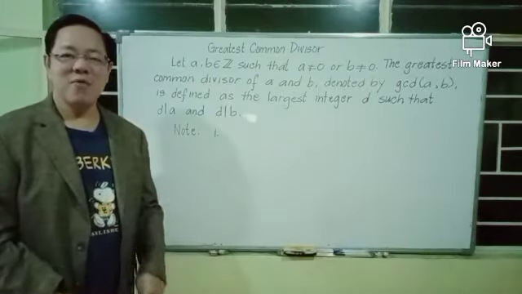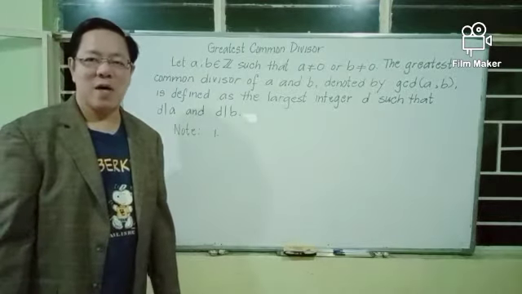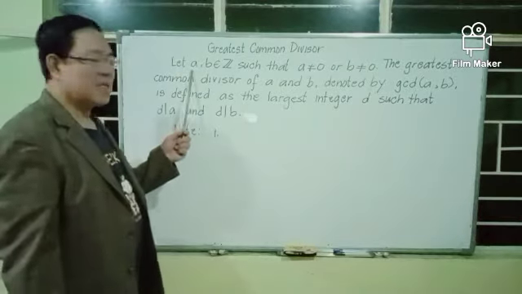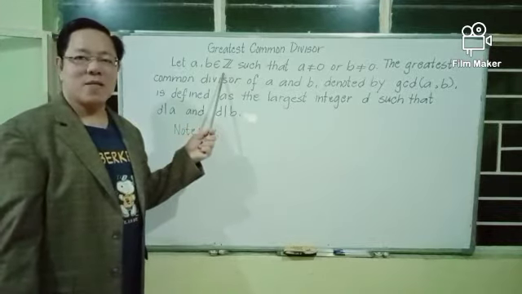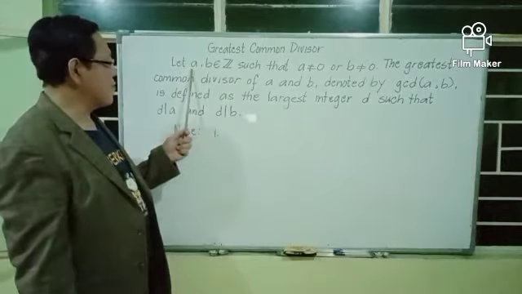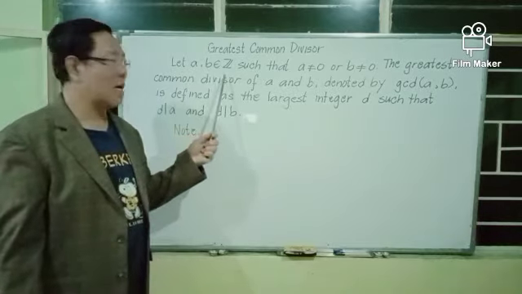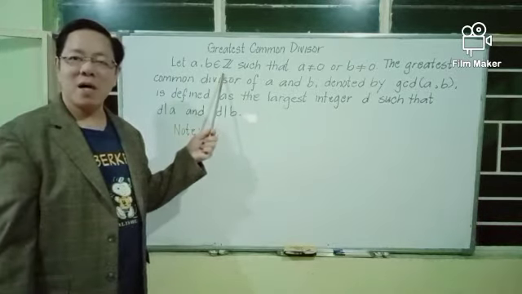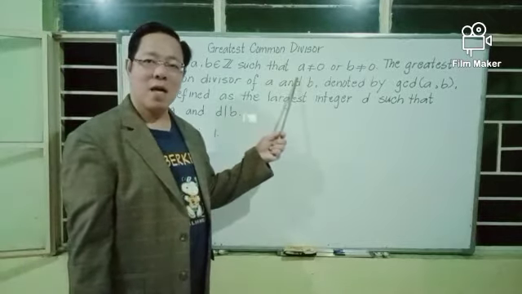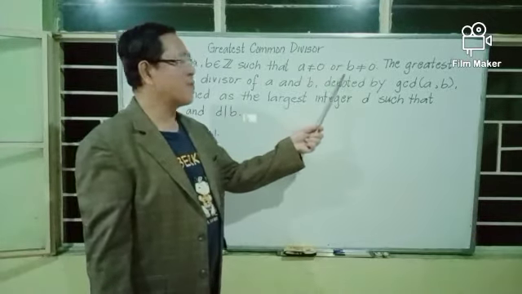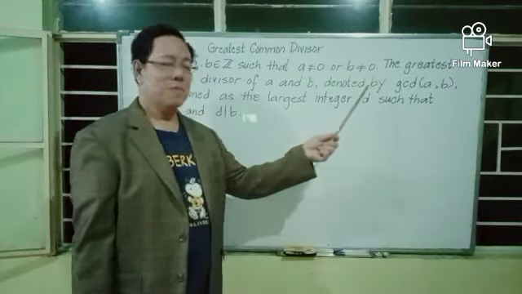We read the definition of greatest common divisor. Let A and B be elements of Z. Z here is the set of integers. Therefore, if A and B are elements of the set Z, A and B are integers. But there is an additional condition that A is not equal to 0 or B is not equal to 0.